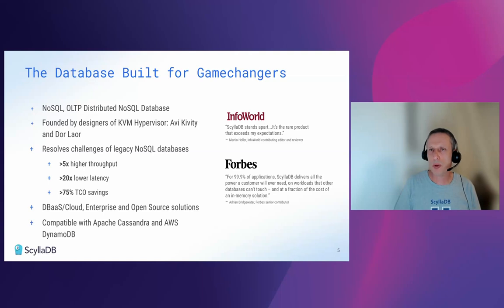ScyllaDB is compatible with two other popular NoSQL databases. The first is Apache Cassandra, and the second is AWS DynamoDB. And when I say compatible, I mean compatible at the protocol level. If you have an application running with either of these databases, you just need to change the IP, and it will seamlessly work with ScyllaDB Cloud. We do have our own fork for some of the drivers to get even better performance, but it's not a must.